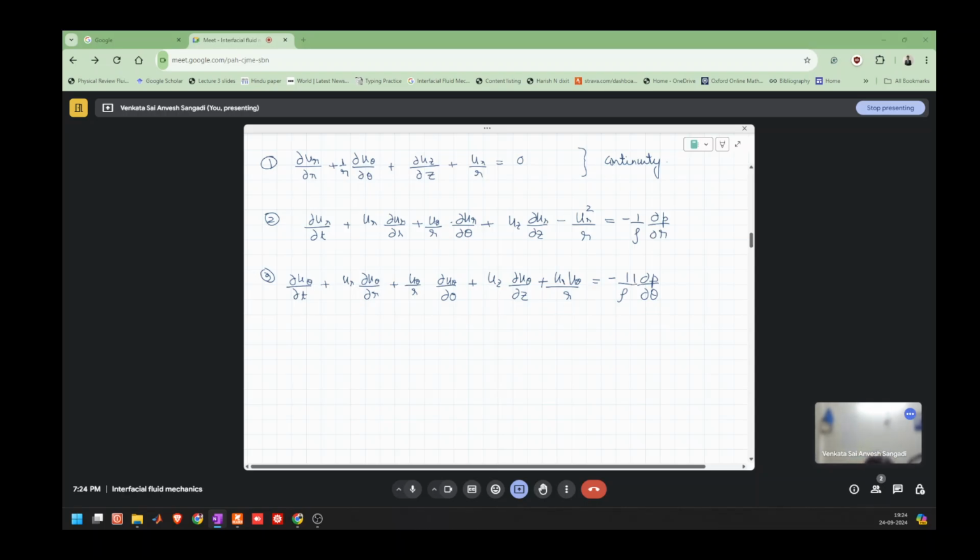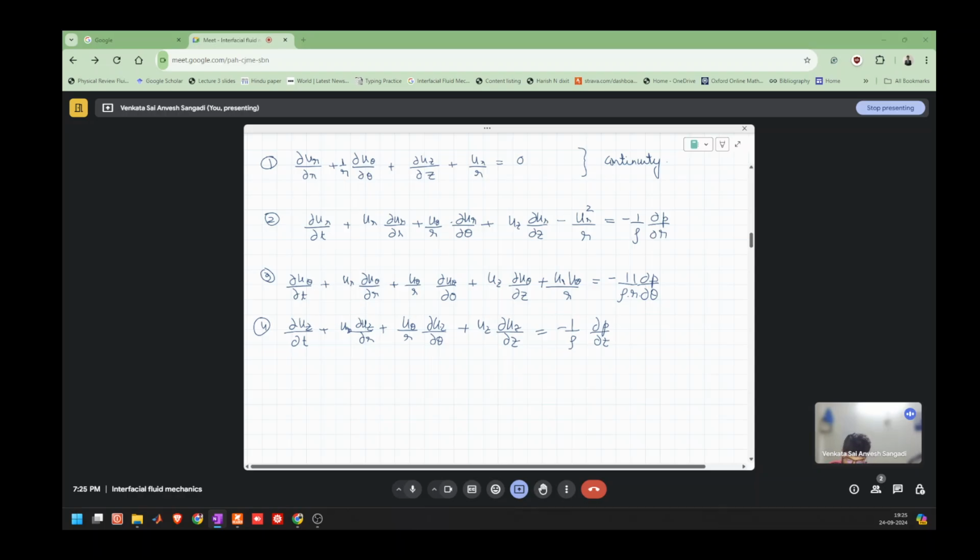And then finally the fourth: del u z by del t plus u r del u z by del r plus u theta by r del u z by del theta plus u z del u z by del z is equal to minus 1 by rho del p by del z.